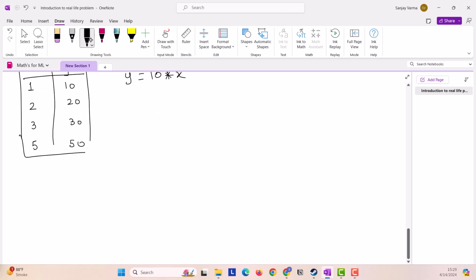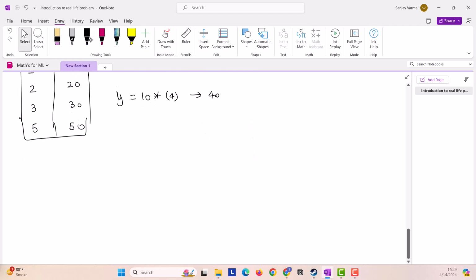So this is our basic ML model. This is again an ML model. If any new point comes, let's say you want to predict the value of y given that x is 4, you can say it will be 40, right?